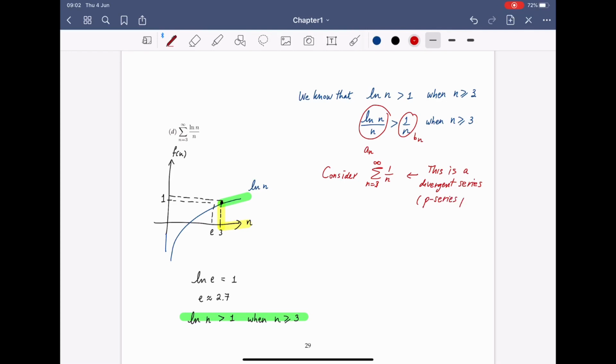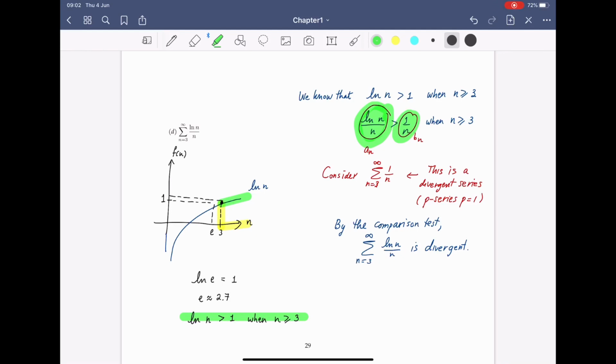So by comparison test, the summation of log n over n, n starts from 3 to infinity, is also divergent, right? Because you have something that is smaller that is divergent. So the bigger thing, the thing that dominates, must be divergent as well.